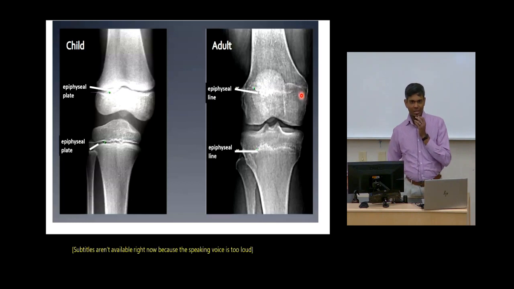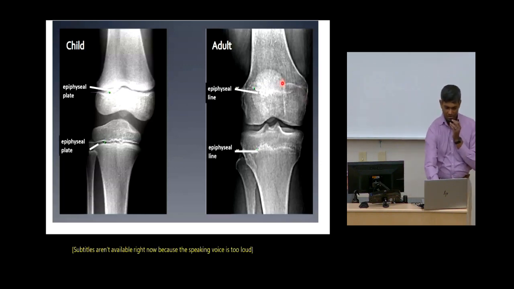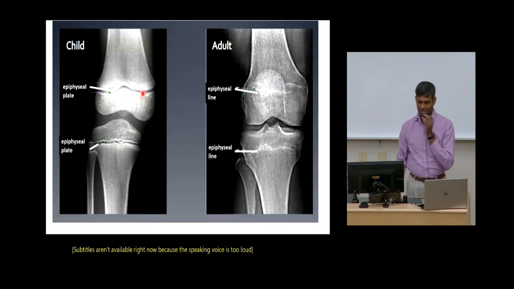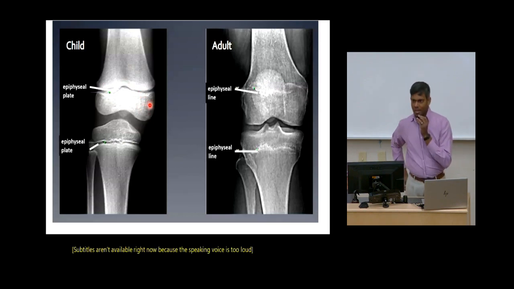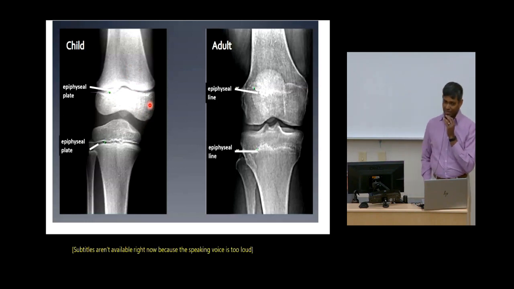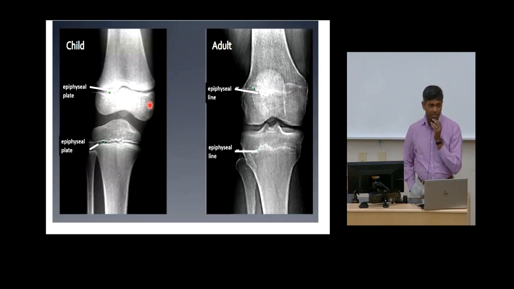The reason is bones are rich in calcium, and calcium absorbs the X-rays, and that's why it appears bright in the X-ray, whereas the surrounding tissue and the cartilage don't have as much calcium, and that's why they appear darker. And this presence of the epiphyseal plate versus the line can be used in forensics to determine the age of the person's skeleton.